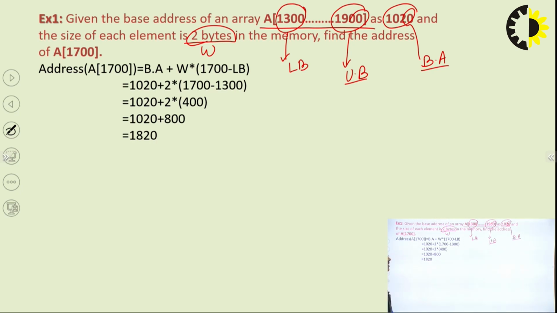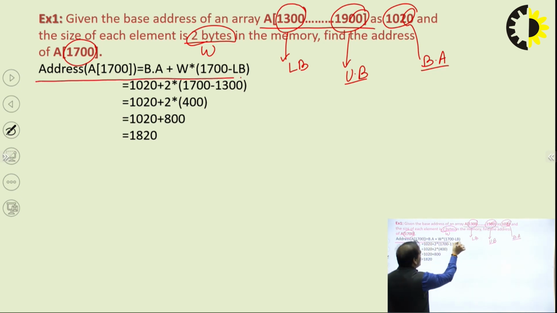In the memory, find the address of A[1700]. We want to find the address of the element at position 1700. Now we write the formula: address of A[1700] equals base address plus W times (1700 minus LB).